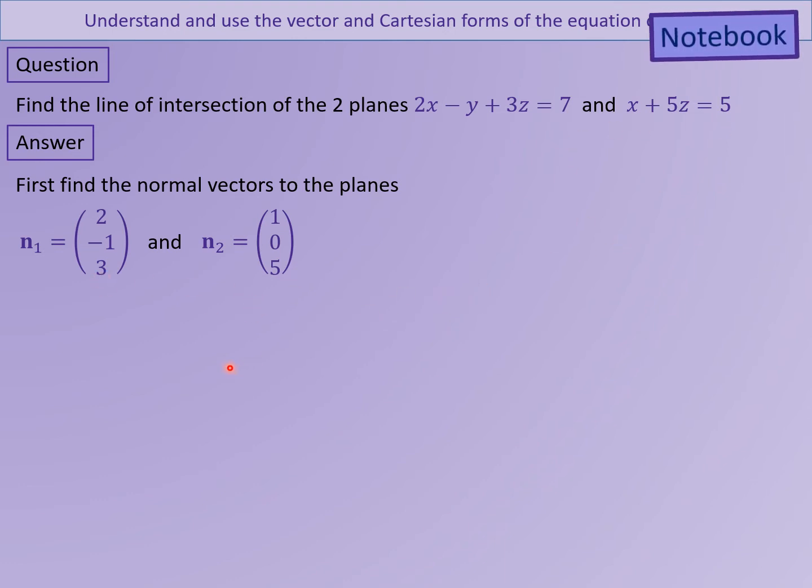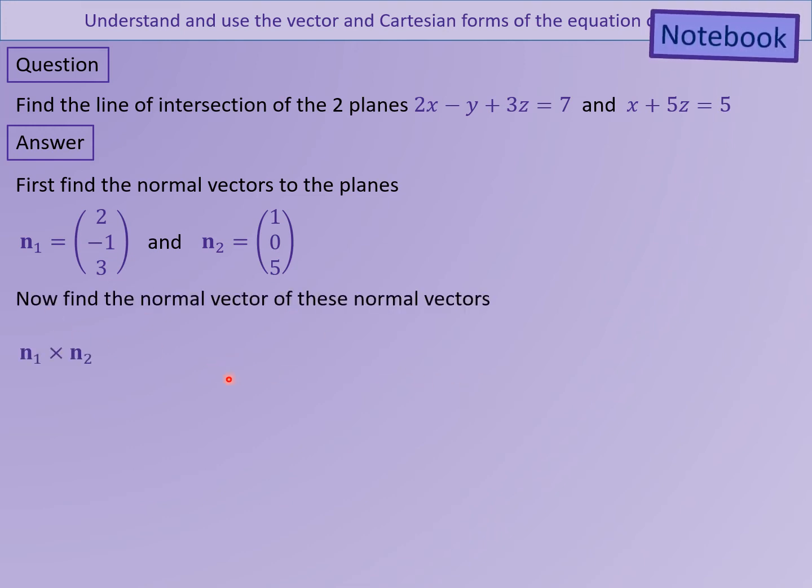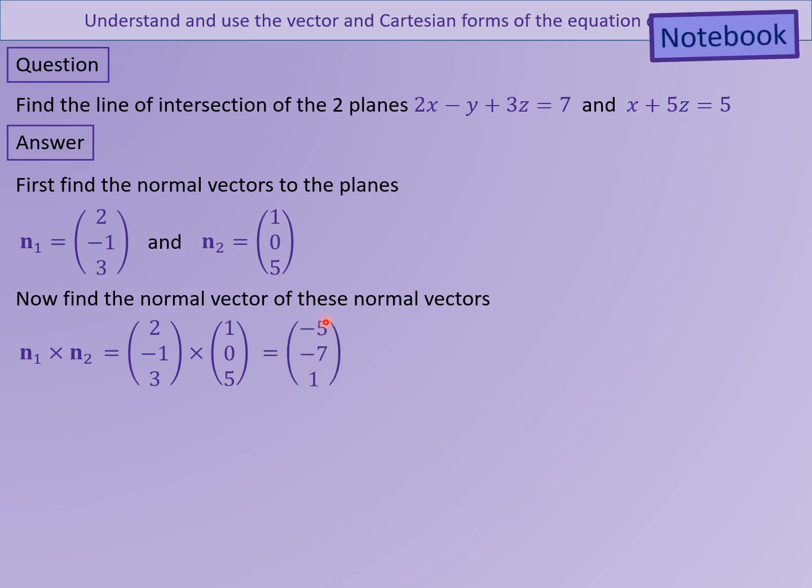Once we've got our two normals, what I want to do now is find the normal of those two normal vectors. So find the cross product of them, however you want to do it. I expect you'll be able to find the vector product now. It equals (-5, -7, 1). I can't simplify that, so it's fine to leave it as it is.